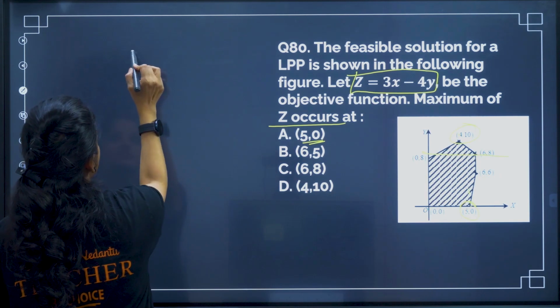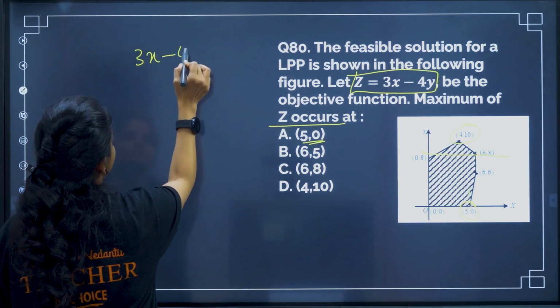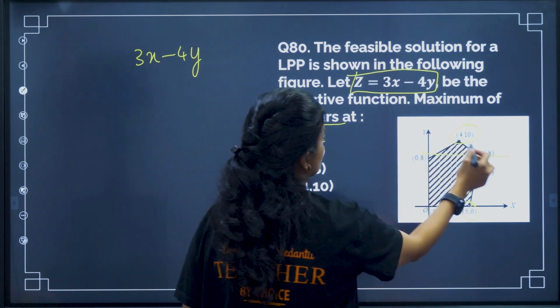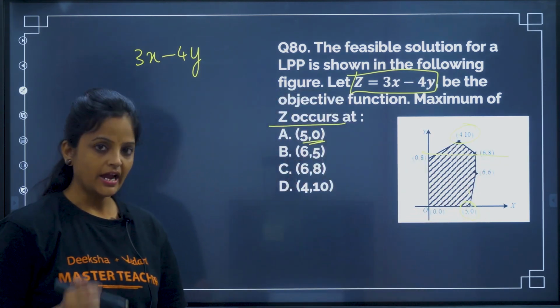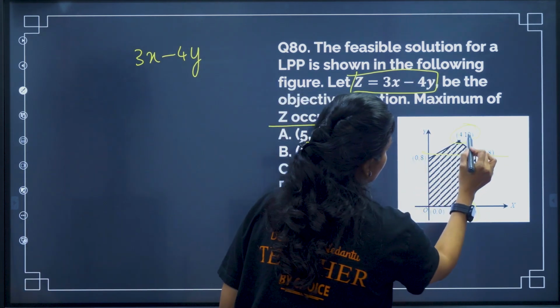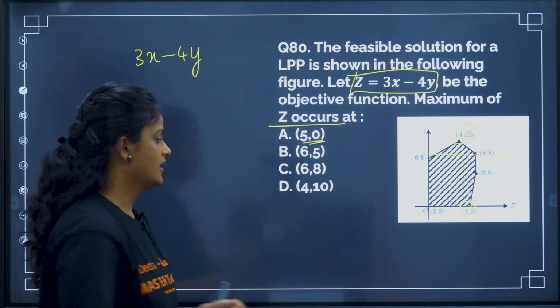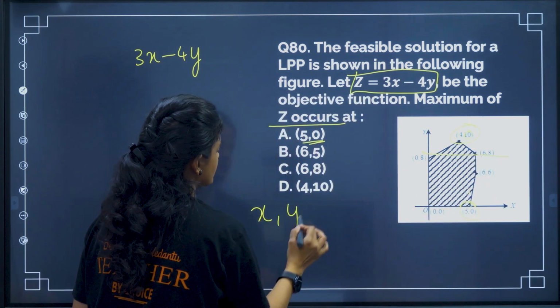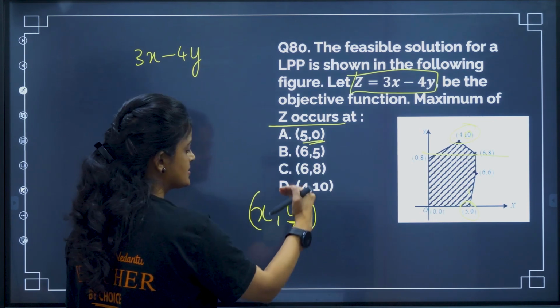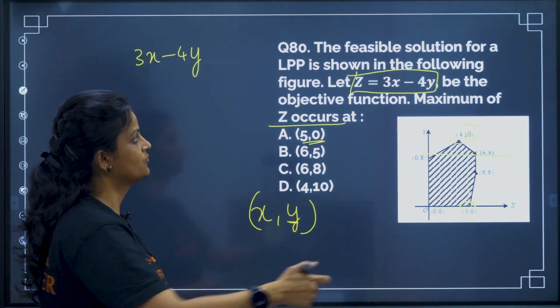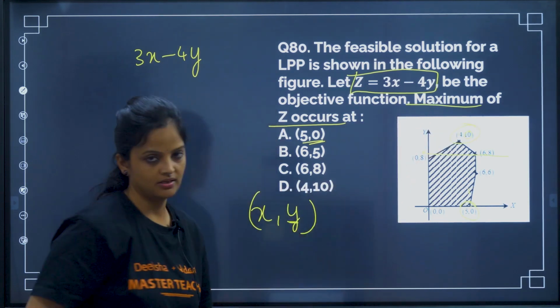Okay, let's take the objective function and put in the values. These are the corner points I have. Actually, if you observe, the y value should be less than the x value. If the y value is less and the x value is more, then there is a high chance of getting the maximum they are asking.